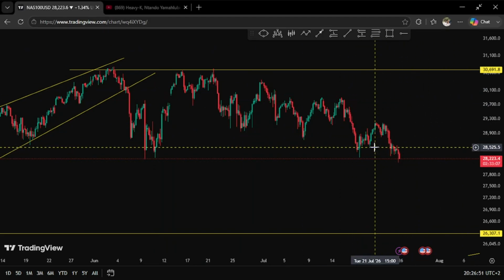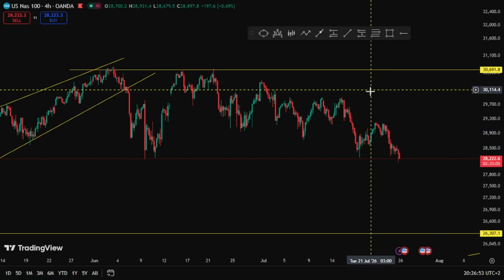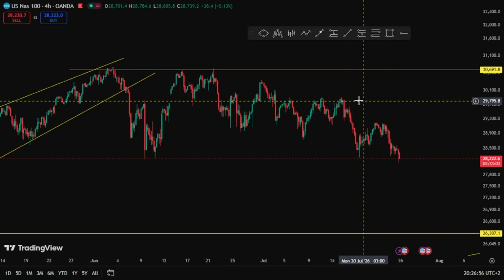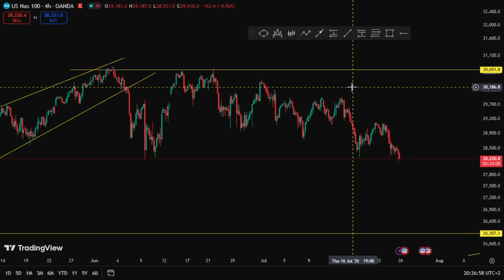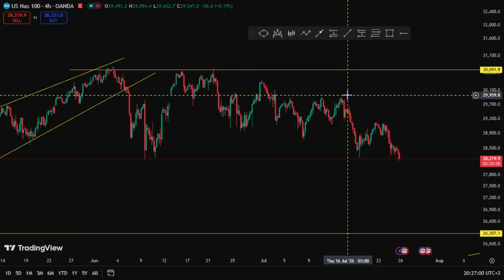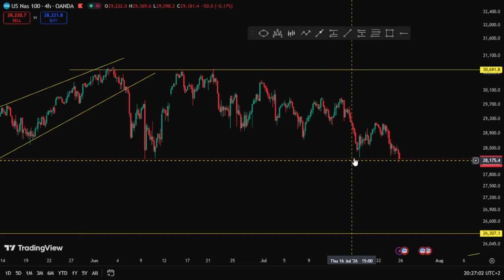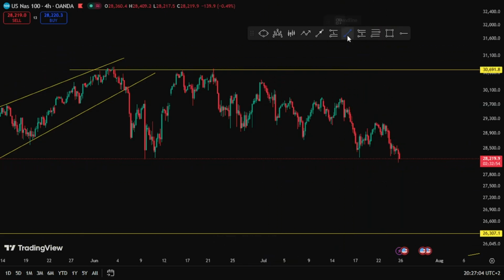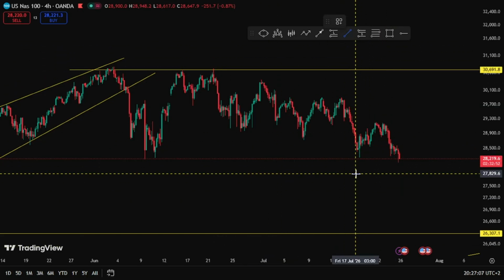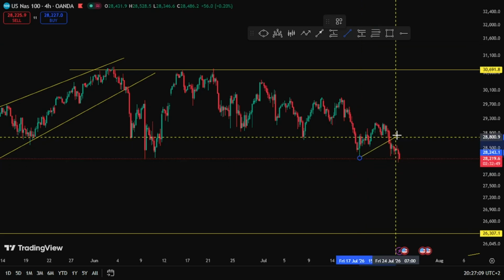But then I remembered it didn't. As long as our lower high or our higher low is not broken, the market is still bearish. So I decided, okay, and I'm seeing an impulse correction, so this is what we're gonna play with.